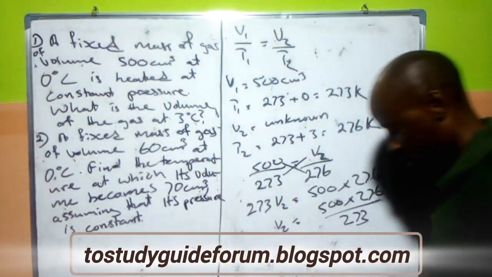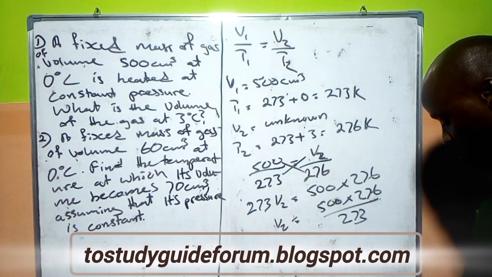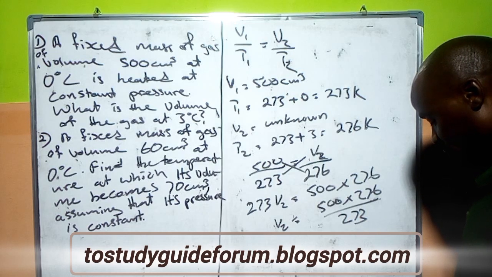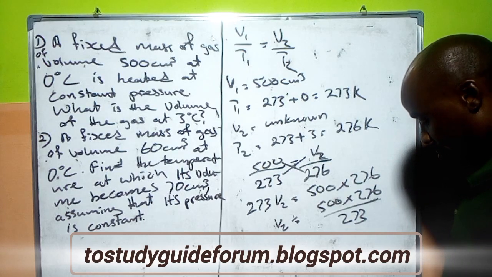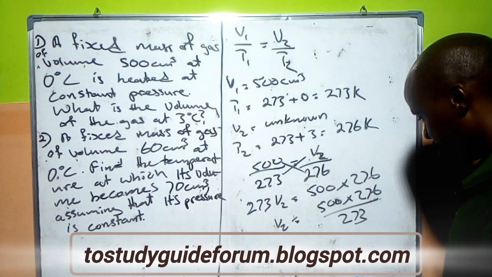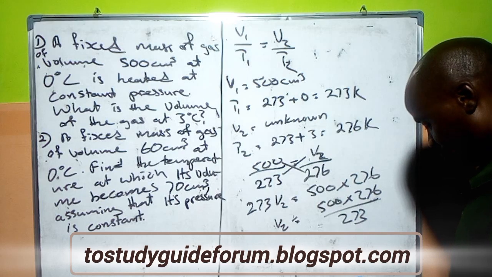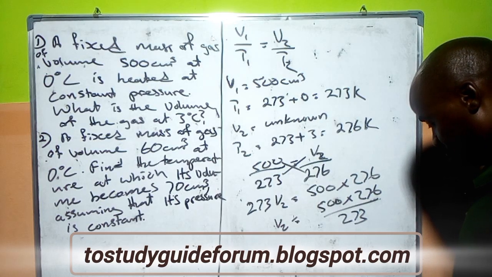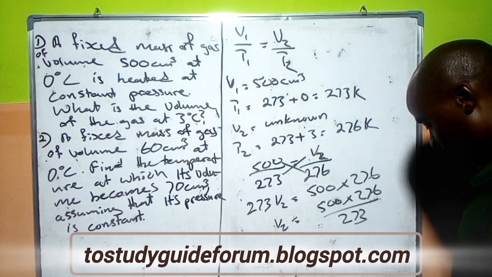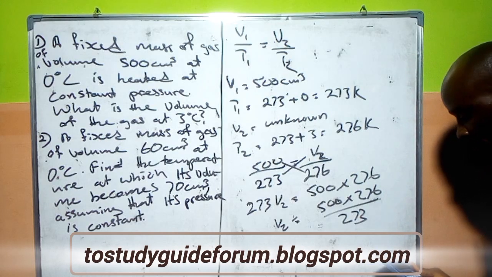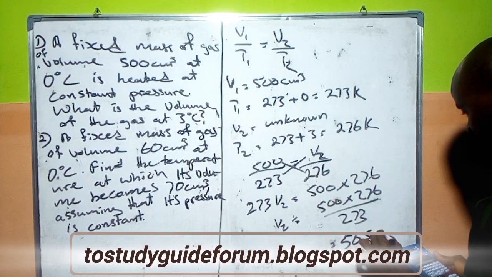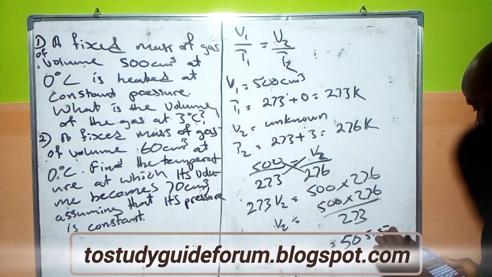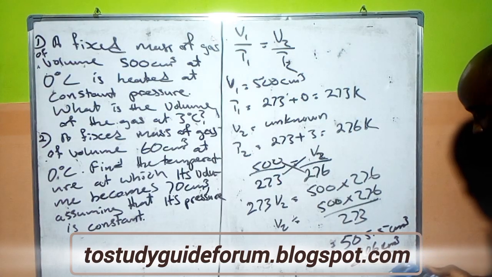Dividing, our volume will be 500 multiplied by 276 divided by 273, which is approximately 505.5 cm³, or we can say 506 cm³. That's our final answer.